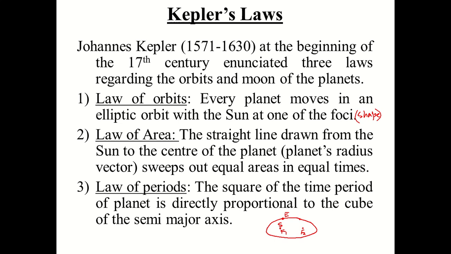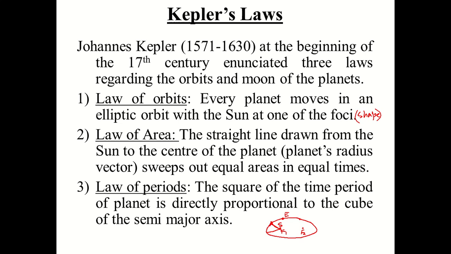That means if you consider a time period t and suppose the Earth is at this point, this line is called the radius vector, that is the vector drawn from the Sun to the center of the planet, which is called the planet's radius vector.